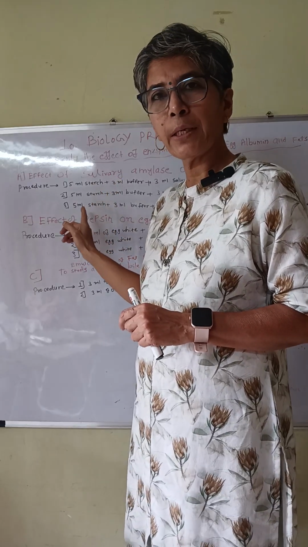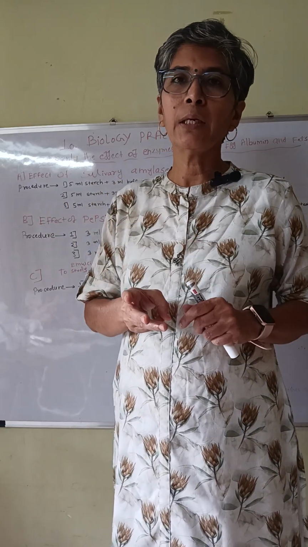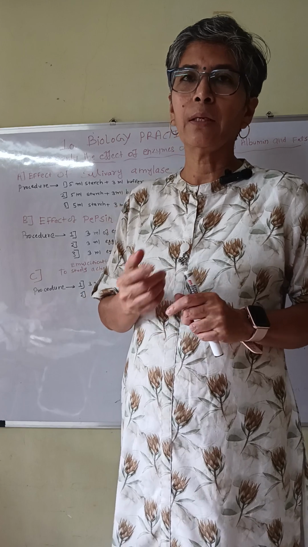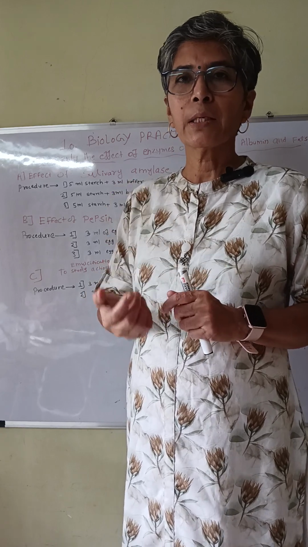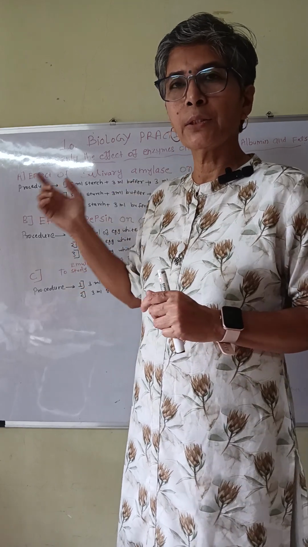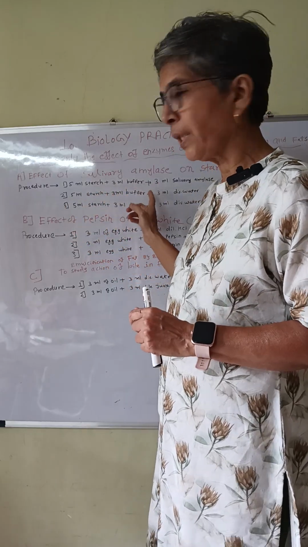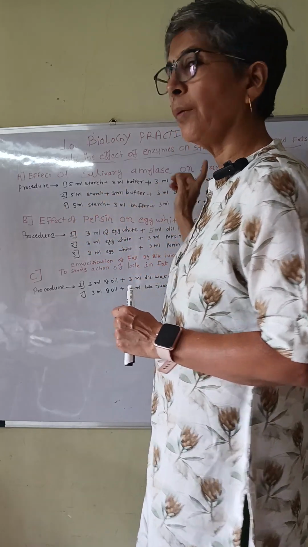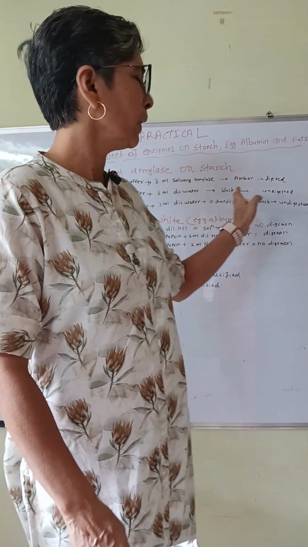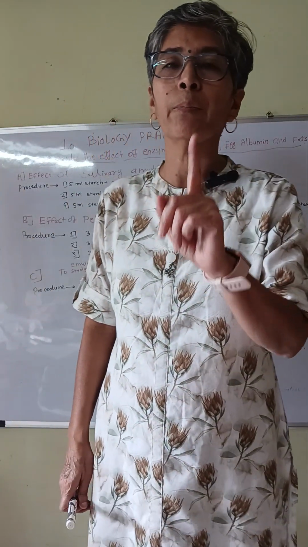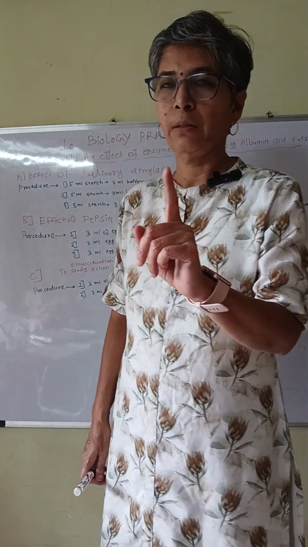Add these two ingredients in all three test tubes. Then the next ingredient changes in each test tube. Add 3 ml of salivary amylase in test tube number 1 only.